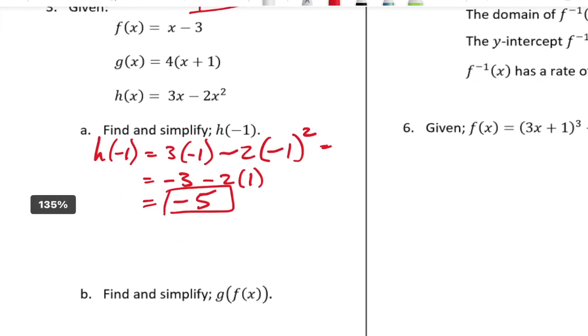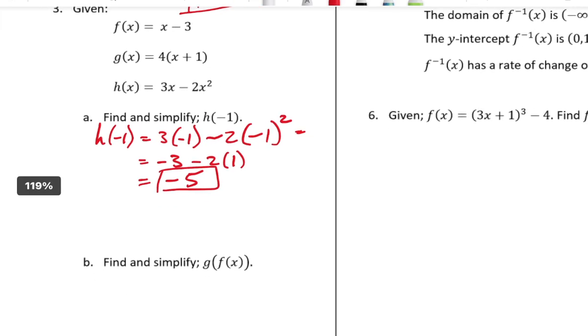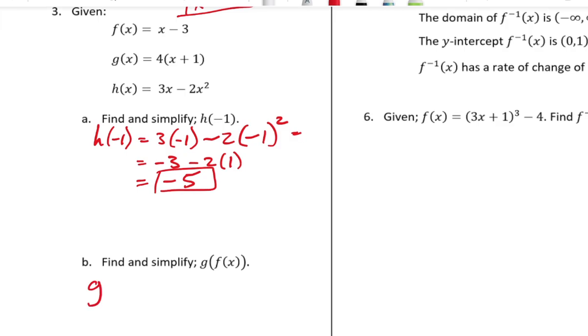Now on our B part, we're going to place the f function inside of the g function. So the f function is x minus 3, so we're doing g of x minus 3. And the g function says to take 4 times parentheses something and add 1. But the something is x minus 3.